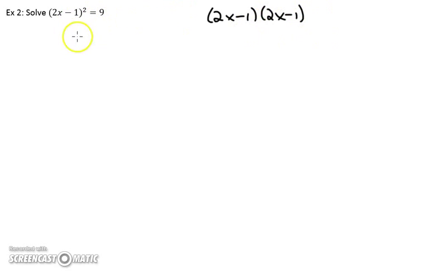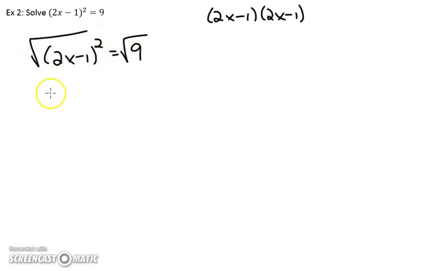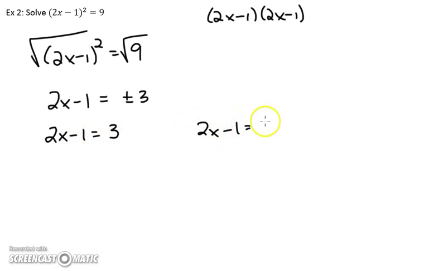Or, since this is a 9, it's a perfect square, so we can just get rid of the square by taking a square root on each side. The thing to be careful with is that the square root of 9 is not 3. The square root of 9 is plus or minus 3. Make sure you remember to get both of those. So we're going to get 2x minus 1 equals 3, and 2x minus 1 equals negative 3, and then we can solve from there.